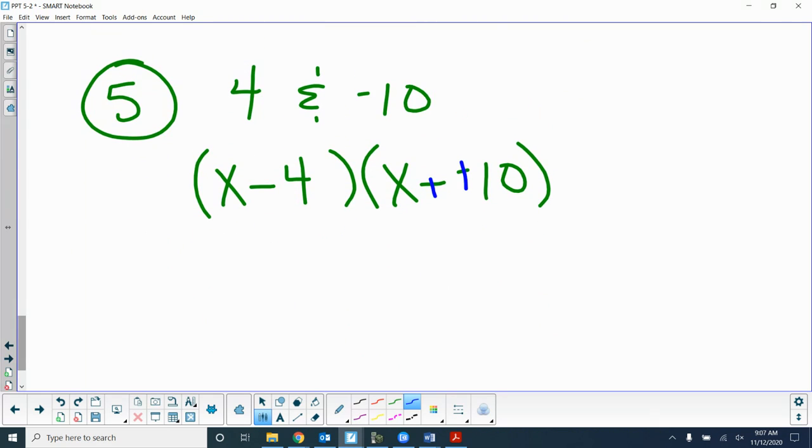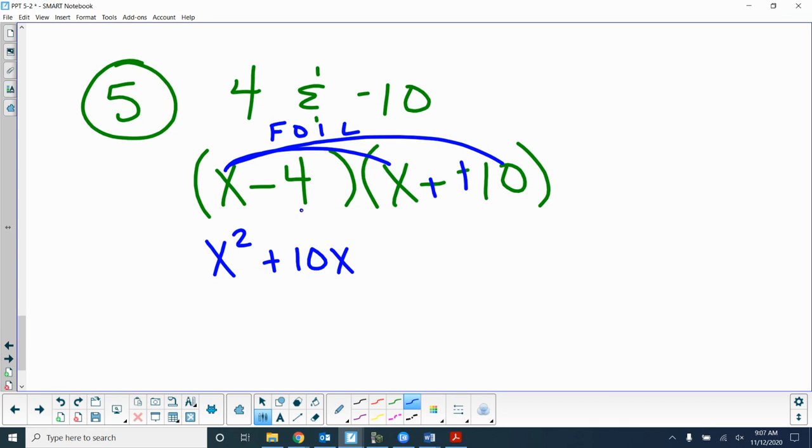Now, what do I do to finish? Not factor. FOIL, right? So we FOIL. First, x times x. Outer or outside, x times 10. Inside or inner, negative 4x.